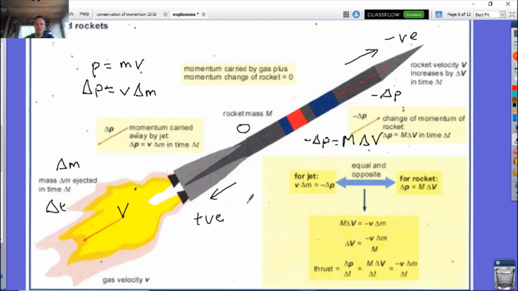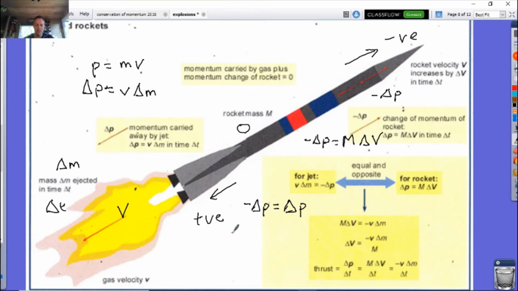Therefore, doesn't it make sense, it depends which way you take it, that the two changes in momentum must be equal to each other. Okay? And actually, change this. Notice it. Let's call that now minus delta P going that way, and that's making that positive. Doesn't make any difference, but one going one way and one going the other way, but they must be equal. They have to be, because the total momentum must be 0.